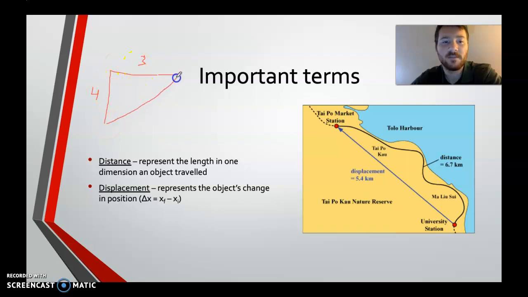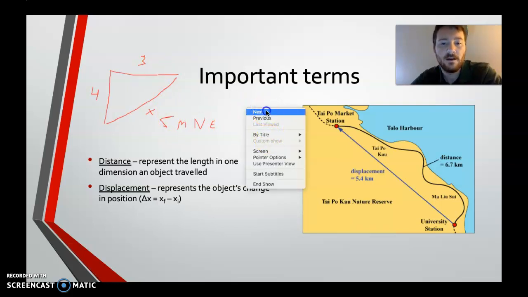His displacement would be the change in position, which would end up being 5 meters northeast, if I did that correctly in my head. So use the Pythagorean theorem, 4 squared plus 3 squared equals 25. Square root of 25 is 5.